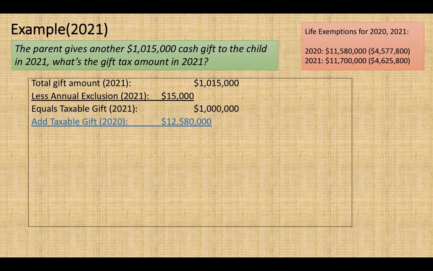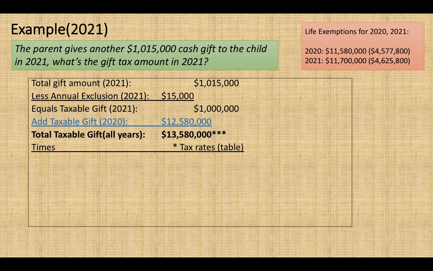Then you add the total taxable gift from 2020 and all prior years, so you get your lifetime taxable gift amount. Then you apply the tax rate on the lifetime amount, which will tell you this amount.